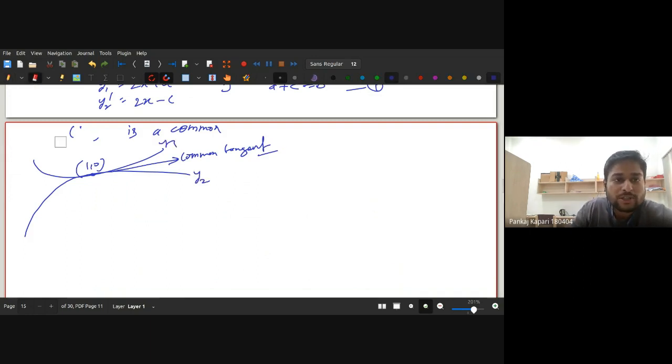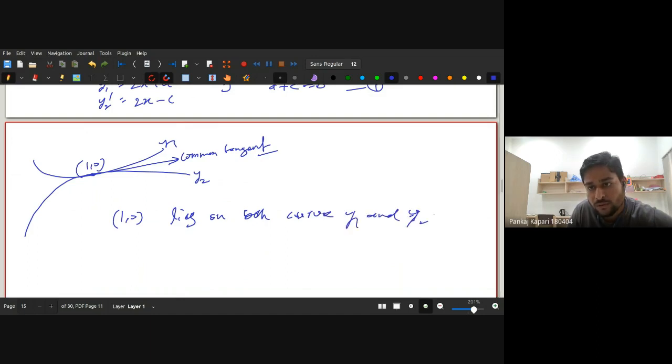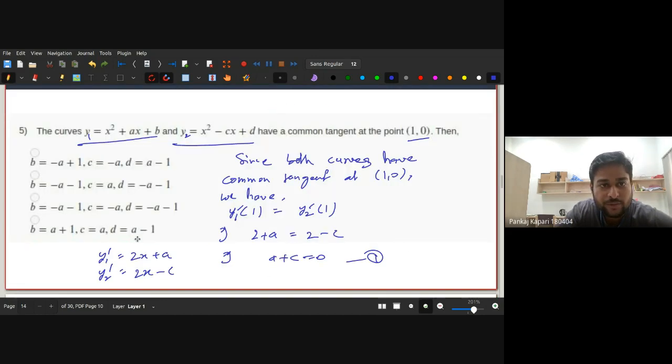And since (1, 0) is a common point, the point (1, 0) lies on both curves y1 and y2. So this point must satisfy the equation of both curves.